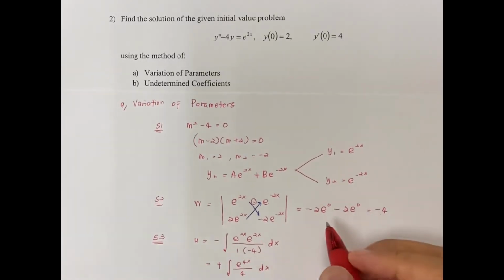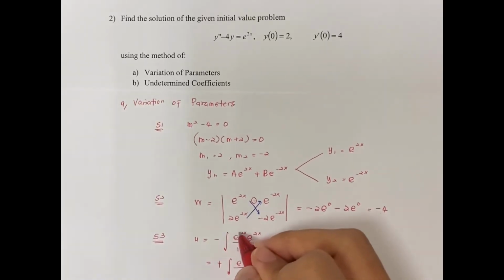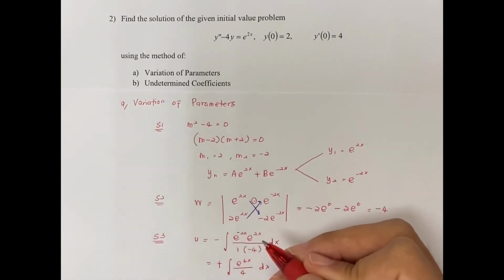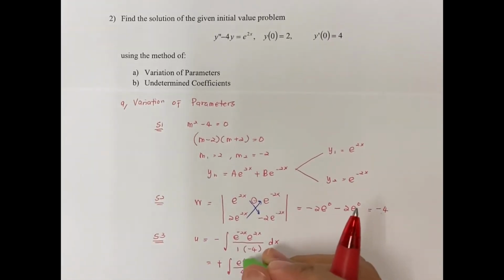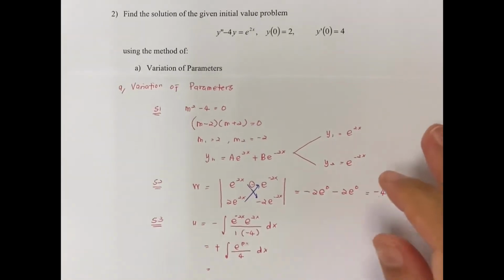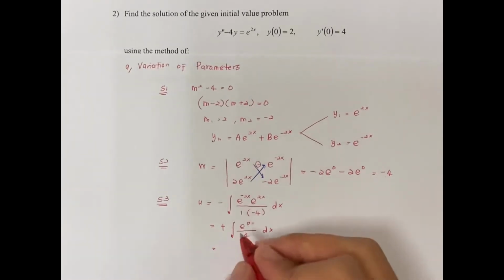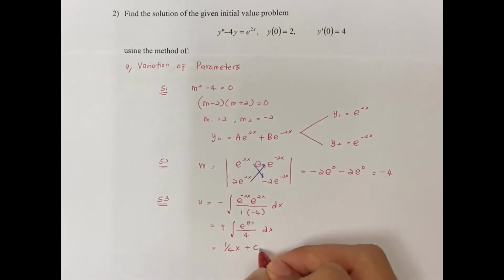Sorry, this is y2, negative 2x. Sorry, y2 multiplied by fx. So this is exponent 0. Exponent negative 2x multiplied by exponent 2x is exponent 0. Exponent 0 is equal to 1. So integration 1 over 4 is equal to 1 over 4x plus C1 constant.